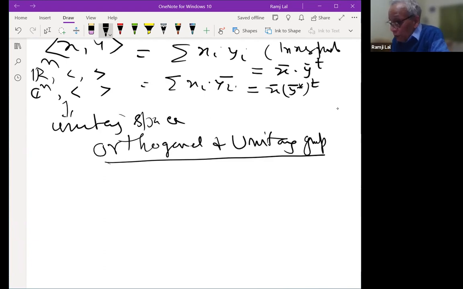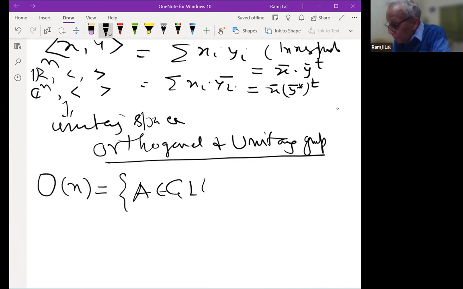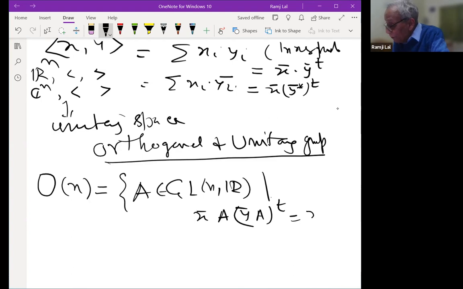So the group which keeps this form invariant is O(n), which you have already been working with. This is A belonging to GL(n,R) such that f(xA, yA), meaning x bar A and y bar A transpose, is equal to the inner product, preserved, x bar y bar transpose for every x bar, y bar belonging to R^n.